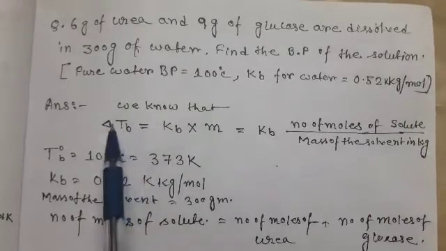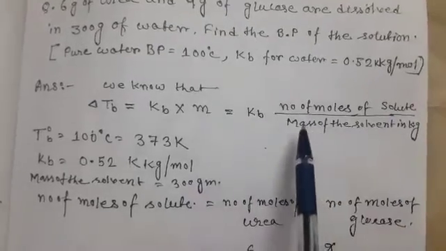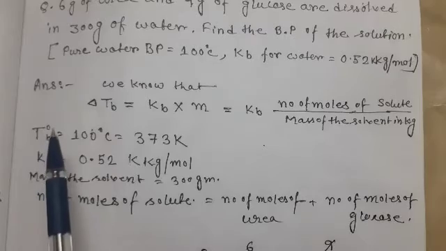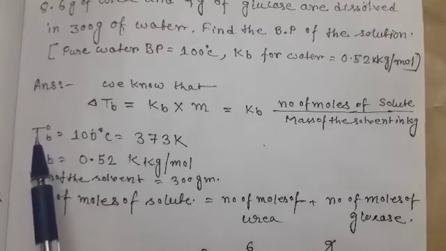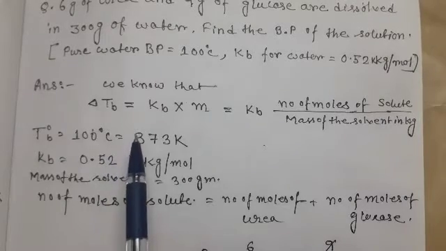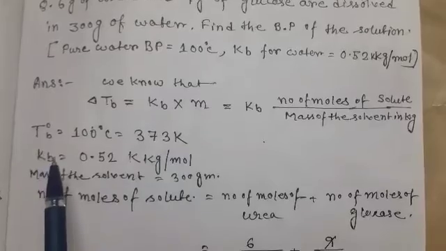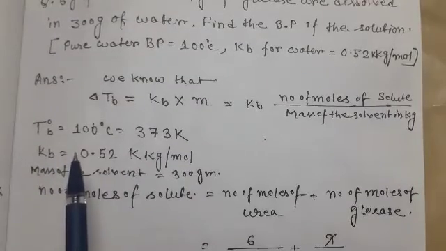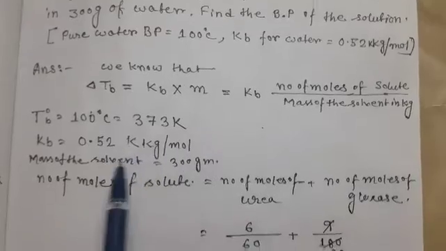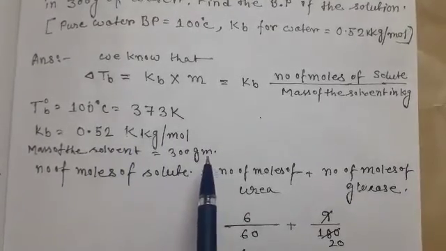We know that delta Tb is equal to Kb into m, number of moles of solute divided by mass of the solvent in kg. Here T0b, the pure solvent boiling point, is 100 degree centigrade, which means 373 Kelvin, and Kb, the ebullioscopic constant, is also given in the question, 0.52 Kelvin kg per mole, and the mass of the solvent is also given, that is 300 gram.